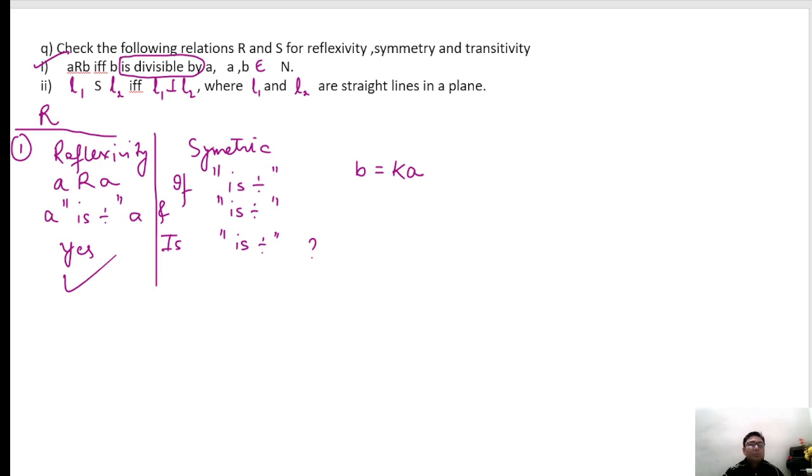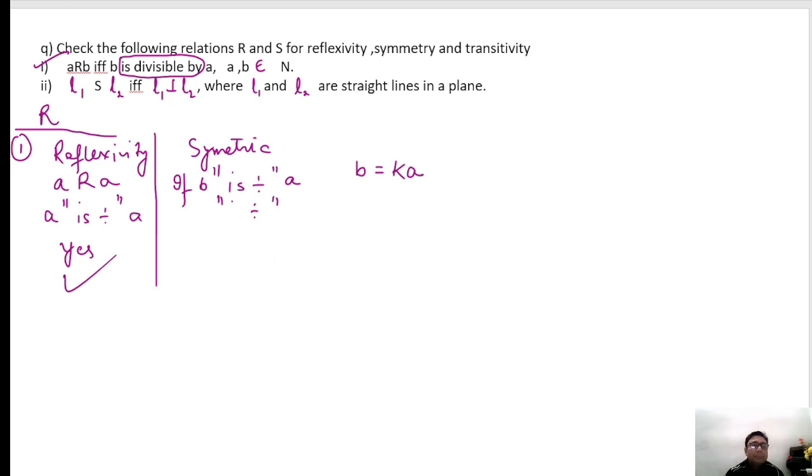Okay, so it should be written like this, because, see, A R B means B is divisible by A. So if B is divisible by A. Let me test it now. Okay.